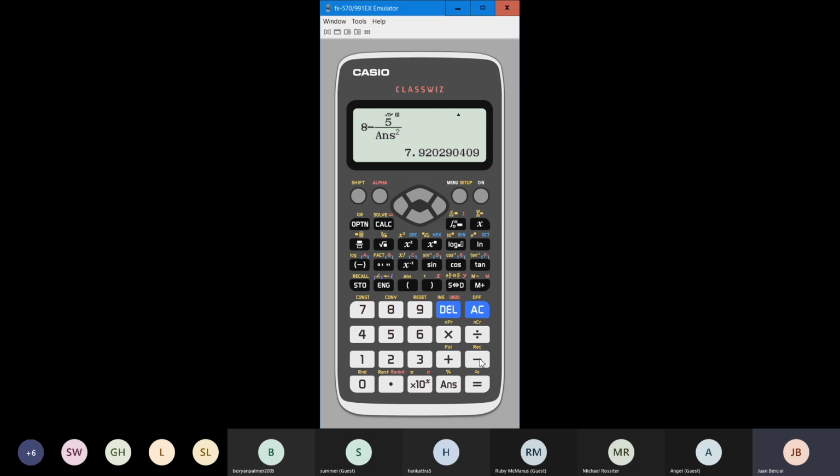If we press it again, it gives me 7.9203. So this is just to remind you how you can use the calculator.